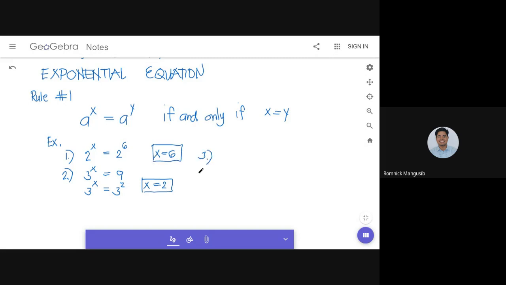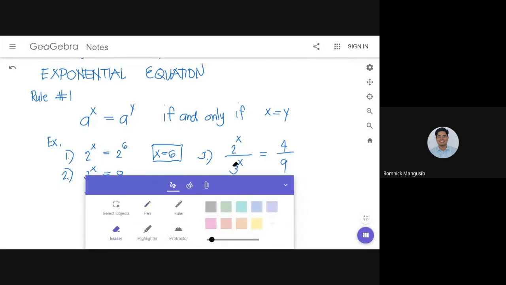Increase natin yung difficulty. So, paano kapag meron tayong 2 raised to x divided by 3 raised to y is equal to 4 over 9? Ay bakit x yung ginamit ko? Wait lang. I'll use another letter.